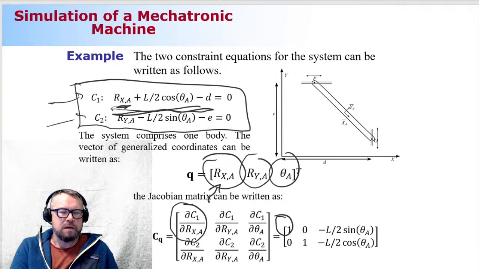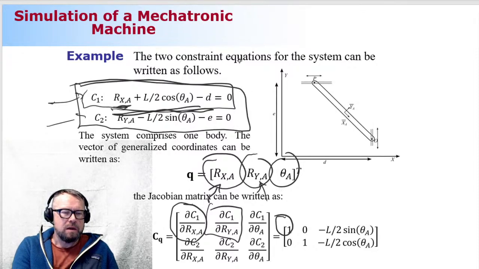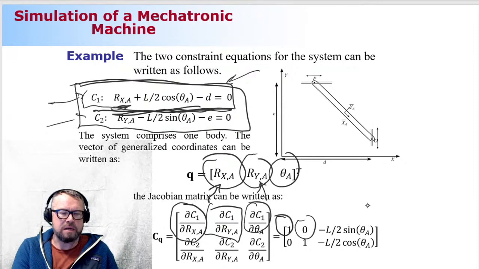Then I take this first constraint equation again, and this time I differentiate it with respect to Ry. Ry is not mentioned here anywhere, so it's going to be 0. Then I differentiate this equation with respect to angle theta. Here's where angle theta is located, so once I do that differentiation, I get minus L divided by 2 multiplied by sine theta.